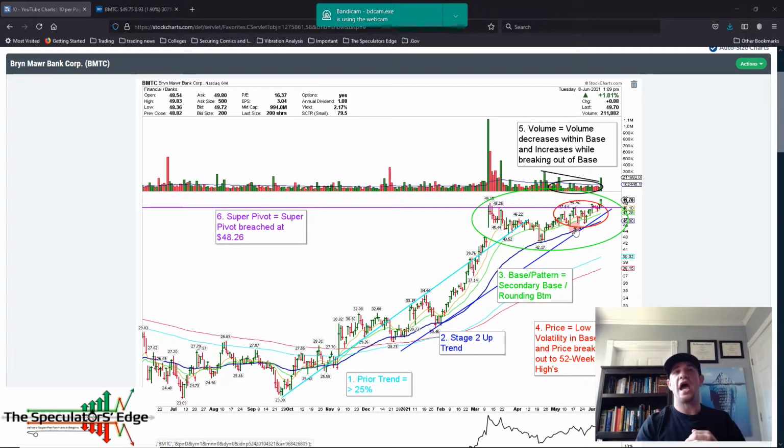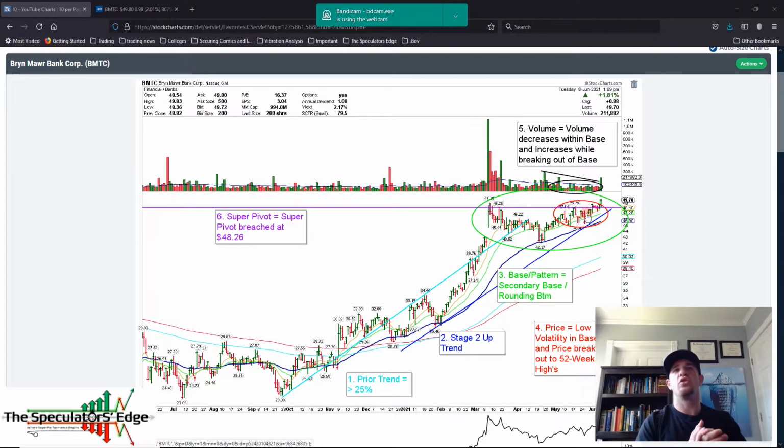When it does break out, it can move in a major way and make you more money. What we have here is low volatility within the base, so nice tight price action right here. Within here we do have a small double bottom with a handle, but this is really tight price action, so low volatility.